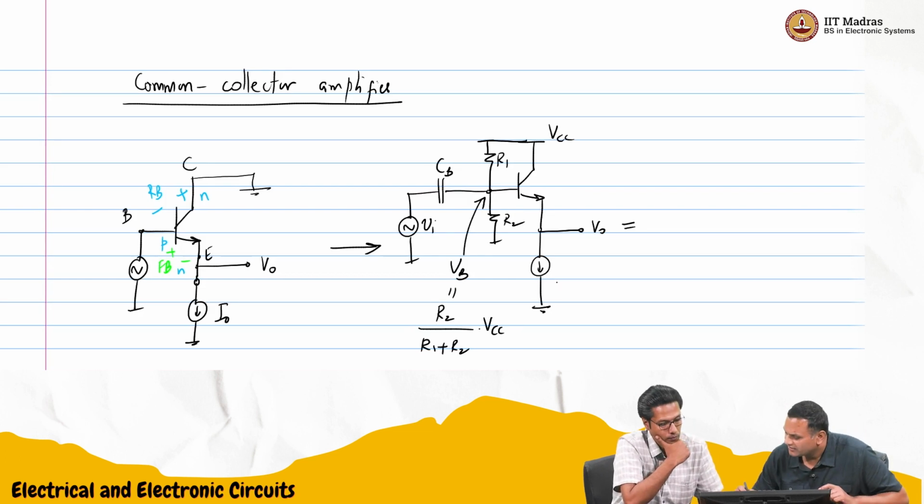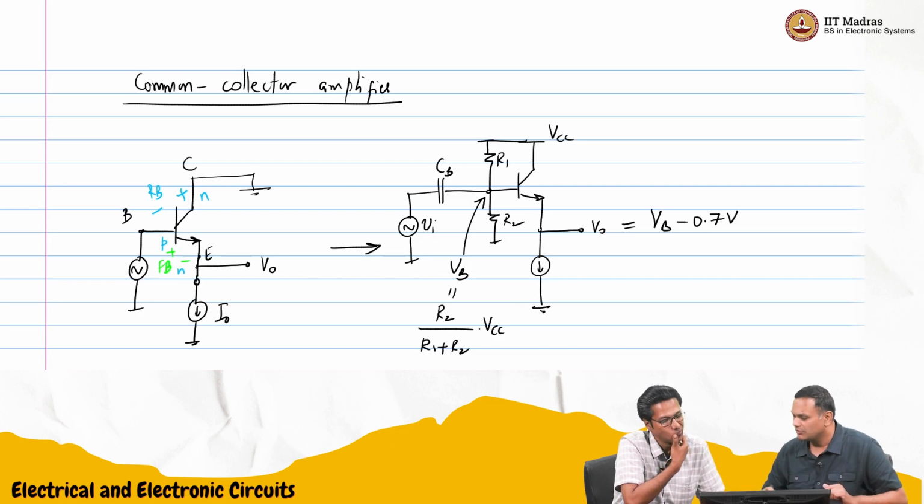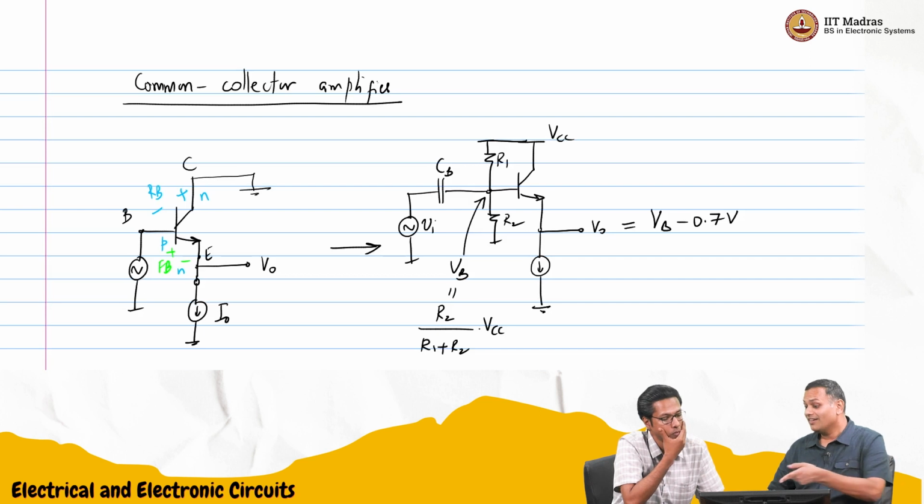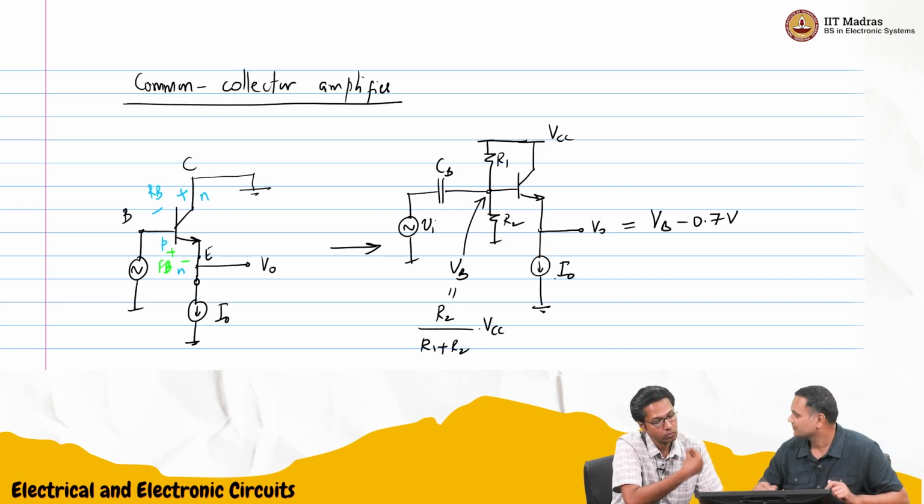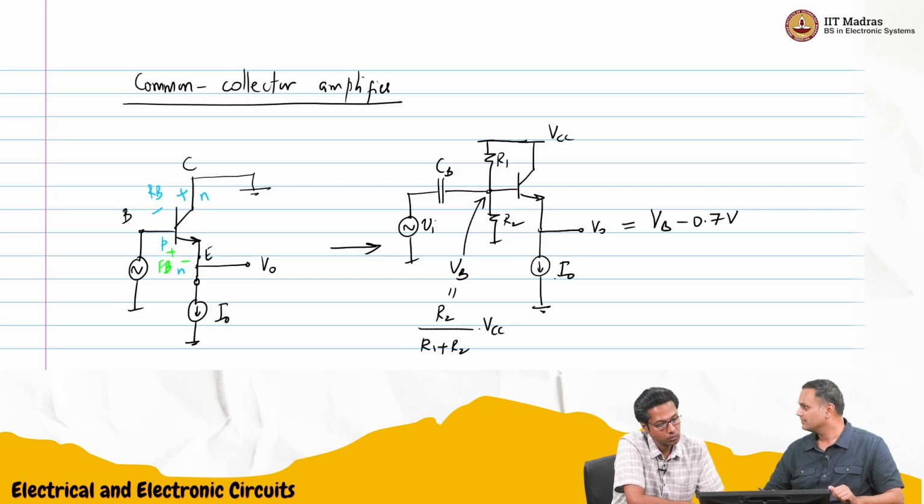Now the emitter voltage will be VB minus 0.7 volts. This will be the DC value. We need to find out what the AC value is. It looks like the DC value is VB minus 0.7. The AC value should be similar.